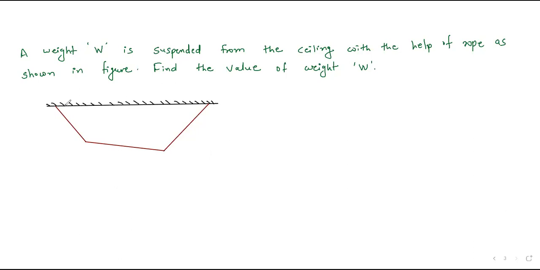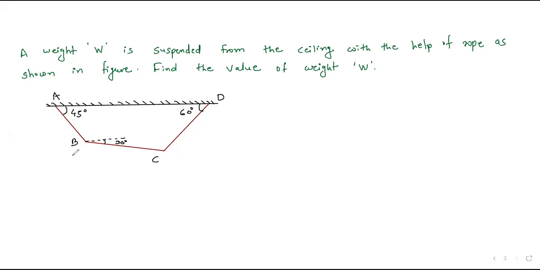This angle is given as 45 degree. This angle is given as 60 degree. Now if I give the names, this is point A, here it is point B, this is C, and this point is D. In addition to this, this angle with horizontal is 30 degree.